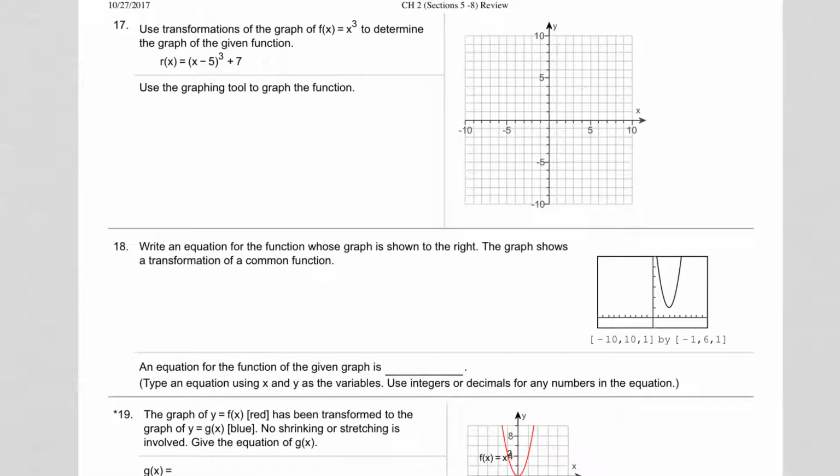Okay, let's take a look at number 17. Here we have to graph the cubed function. We know the parent function is basically centered, and it's an odd function, so it comes from up here, and then it comes around like that.